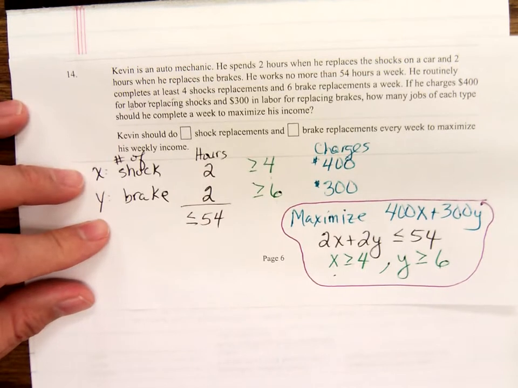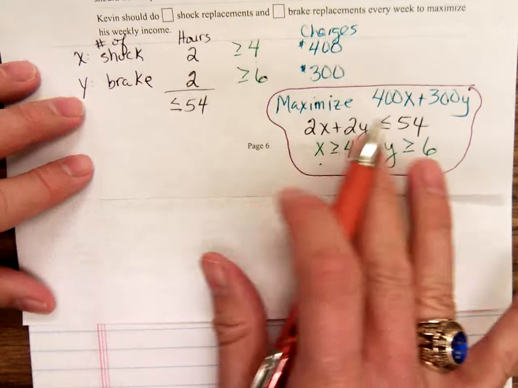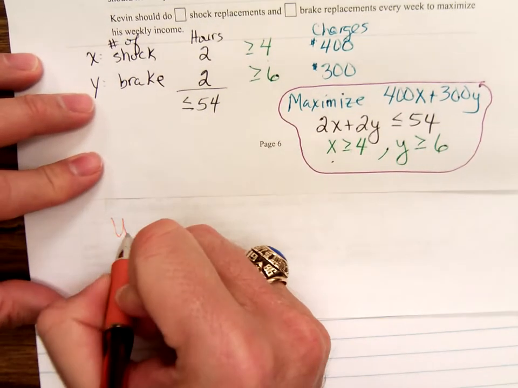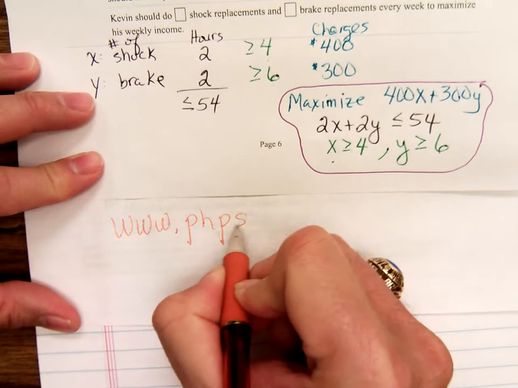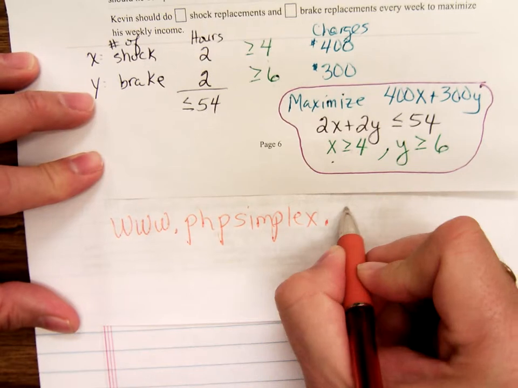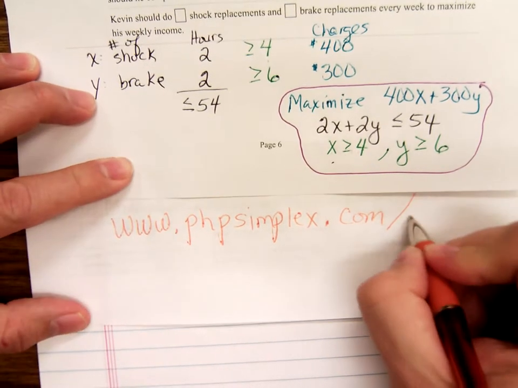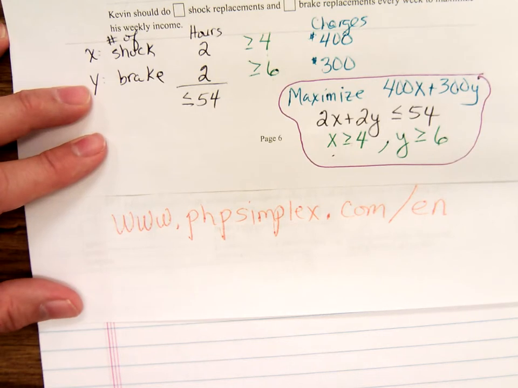Once again, once you get the problem set up, phpsimplex.com/en. It's a nice little, ooh. Can y'all see that? That orange looks invisible to me.